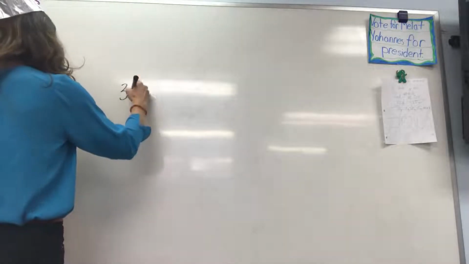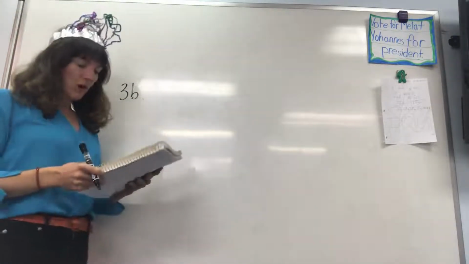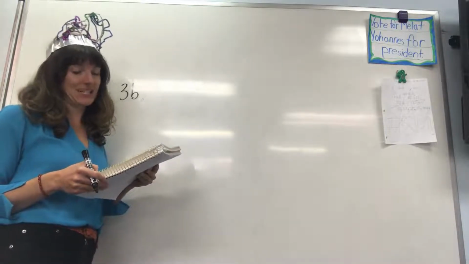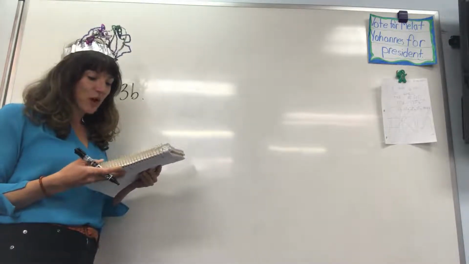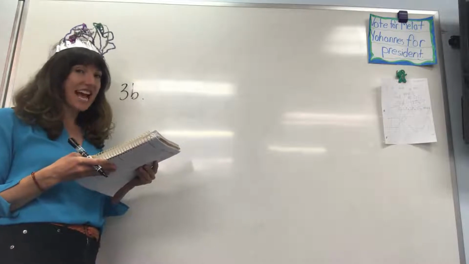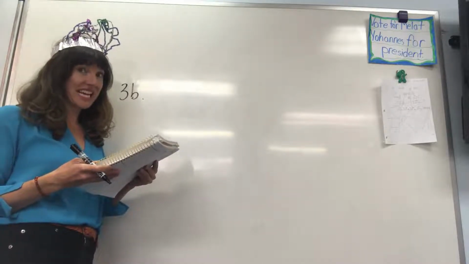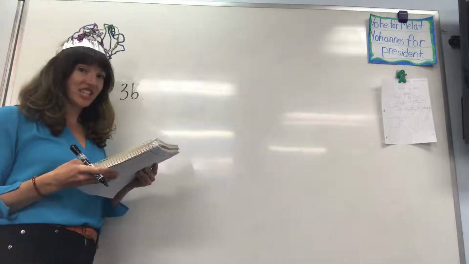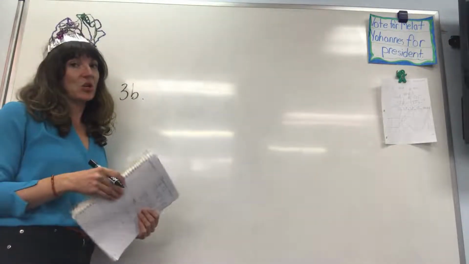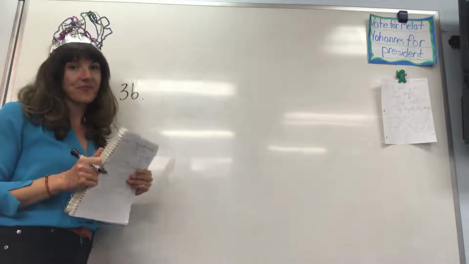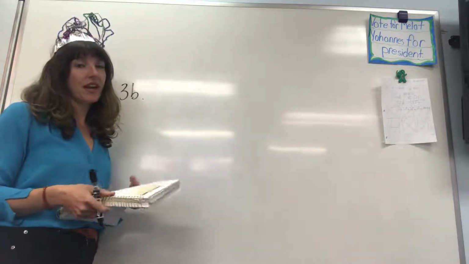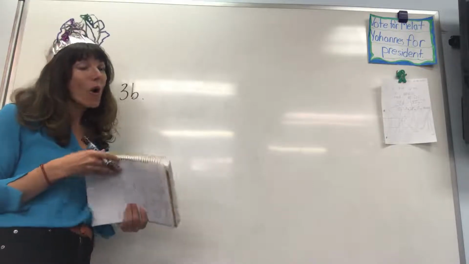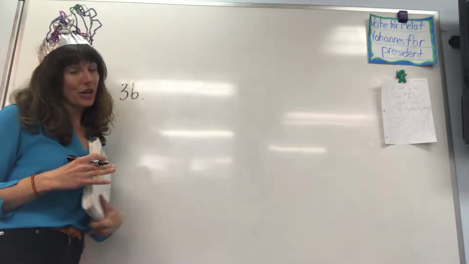Here we go, 3B. Mr. Wyman drove his truck 27 days in the past 6 weeks. He has traveled a distance of 9,558 miles. What was his average mileage for each day he drove? Okay, so this is an average again, but be careful. They've already added up all the miles he drove, okay?